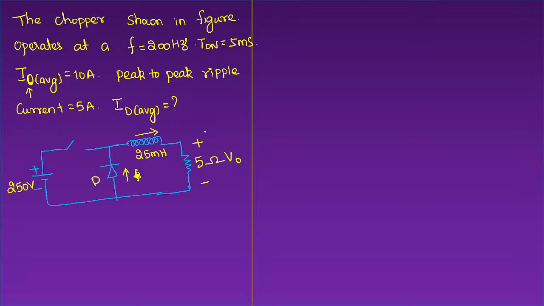Calculate. What is the average value of the current flowing through the diode? Fast. You can take 2 to 3 minutes. Just do it and try to drop your answer.